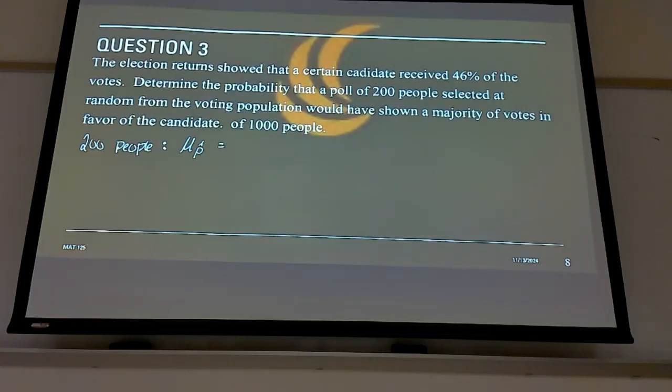So what's the mean? What is it? 0.46. It's the population proportion, which they told us is 46%. Standard deviation: square root of 0.46 times 1 minus 0.46 over sample size, 200.